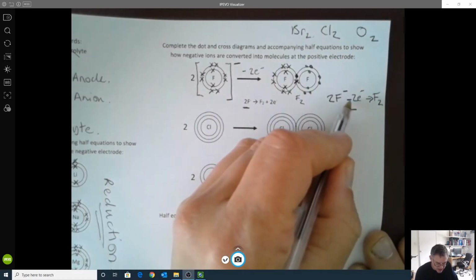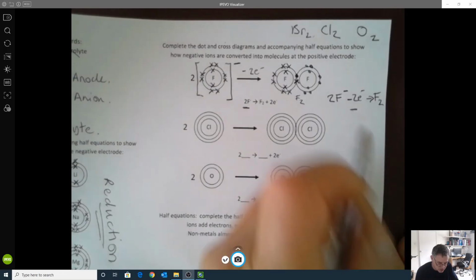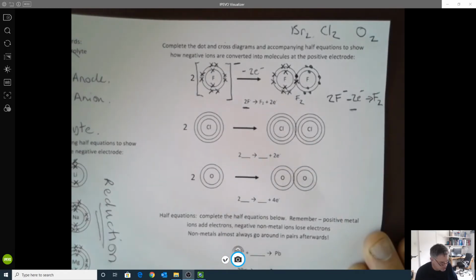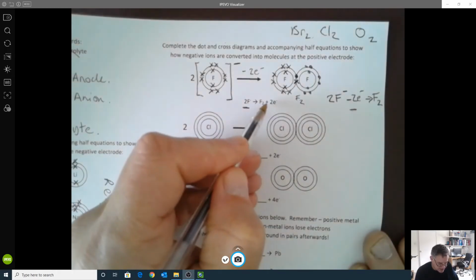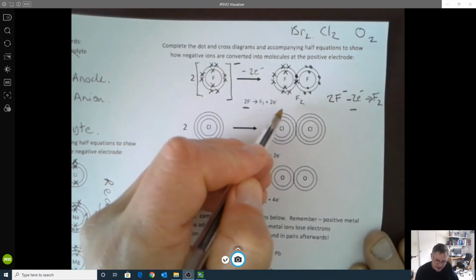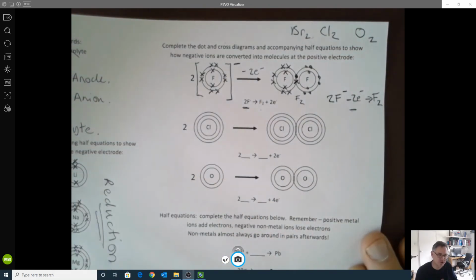Oxidation is loss. I can see it's minus 2 electrons, and that makes more sense to me. But here, if it's added 2 electrons on the right hand side, then it's lost 2 electrons on the left hand side. So it is actually oxidation. That's something to just watch out for.